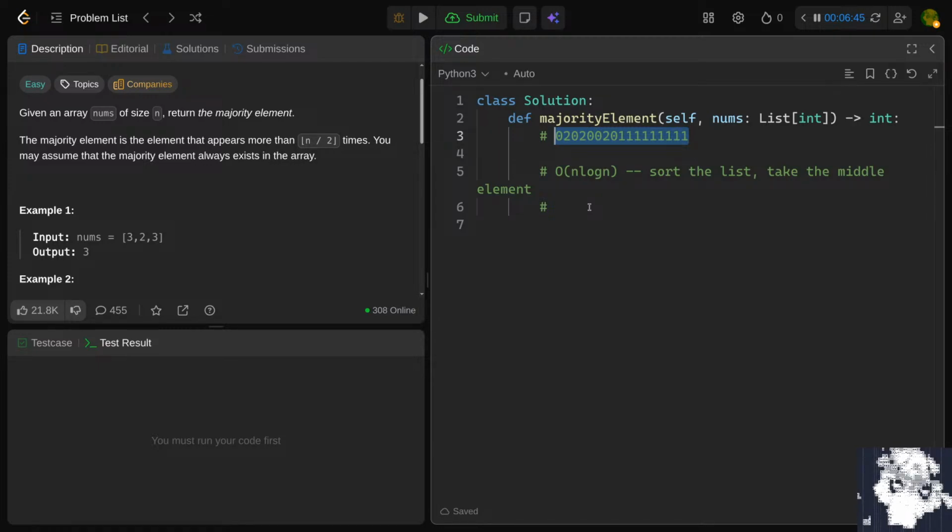I have an interesting algorithm that is definitely not the answer, but it's a probabilistic algorithm, which is: pick a random element, count the number of times that that element is there.